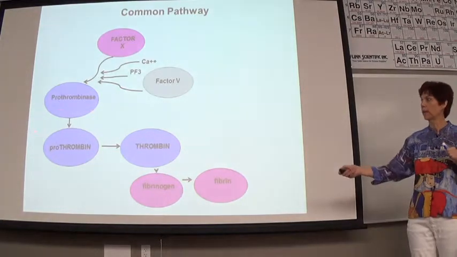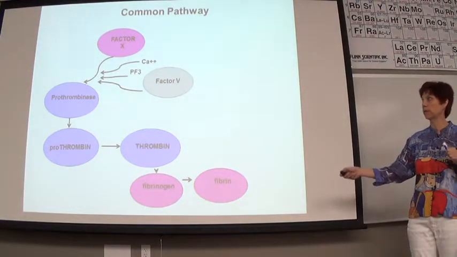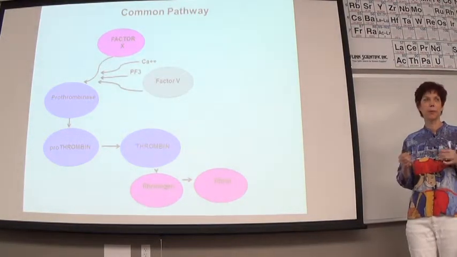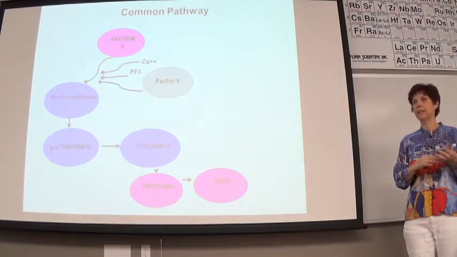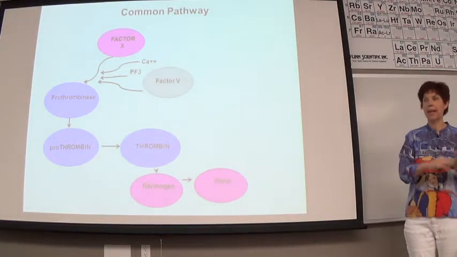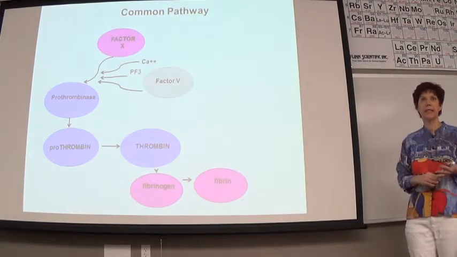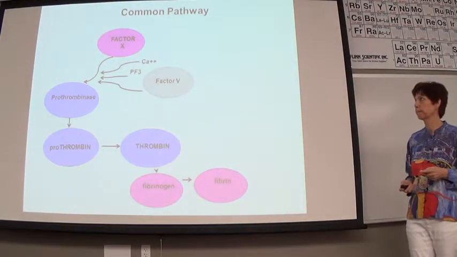Okay. So those molecules, I do want you to know, or sequences of events. So prothrombinase activates prothrombin, prothrombin becomes thrombin, and that activates fibrinogen to fibrin.